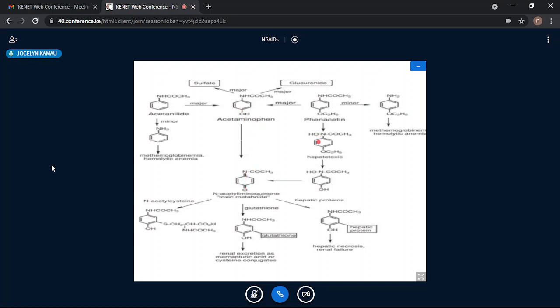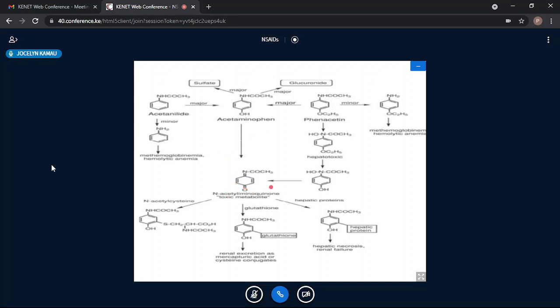It will first go to this step, and then go to this, but ultimately it will go to this. And this is the metabolite which we are calling the N-acetyl iminoquinone. And this is a very, very toxic metabolite.